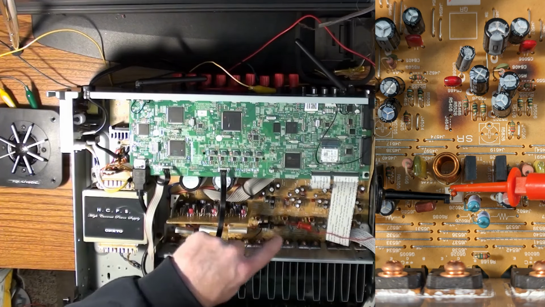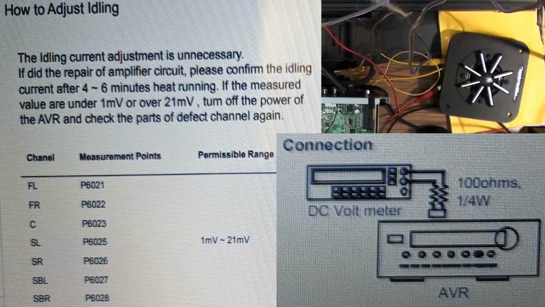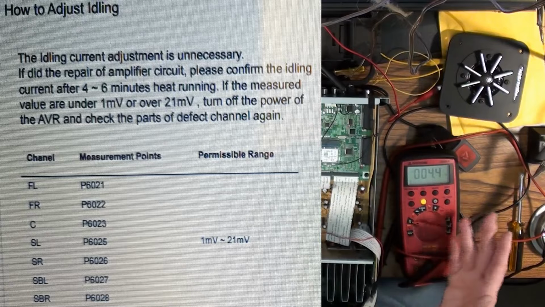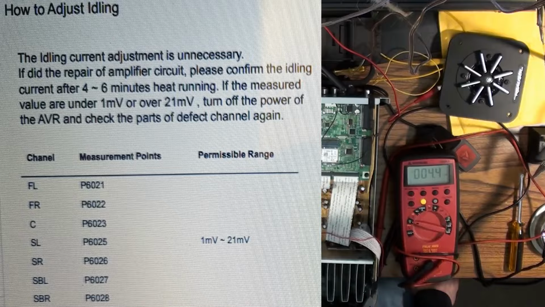Then you put 2 100 ohm resistors in series with the connectors, and then you run it to a meter and put it on DC volts, and you see if it's between 1 millivolt and 20 millivolts when nothing's playing and it's just sitting there hot. 4 to 5 minutes it says.